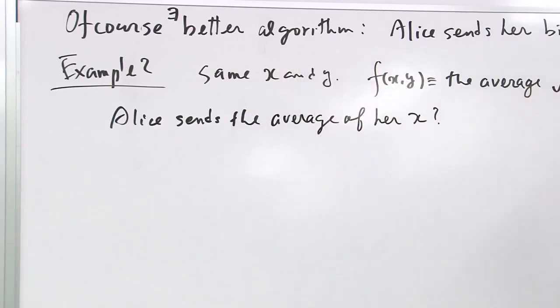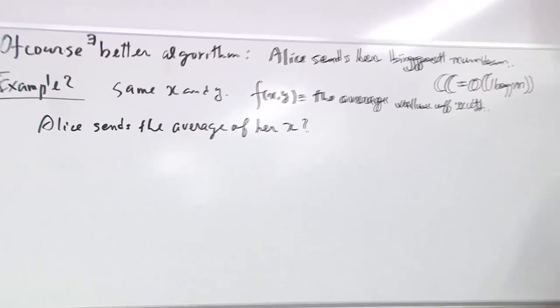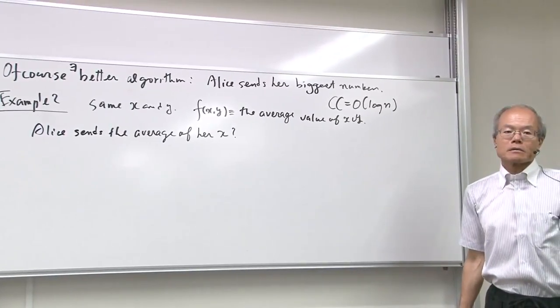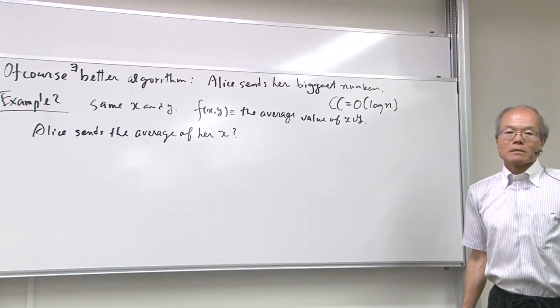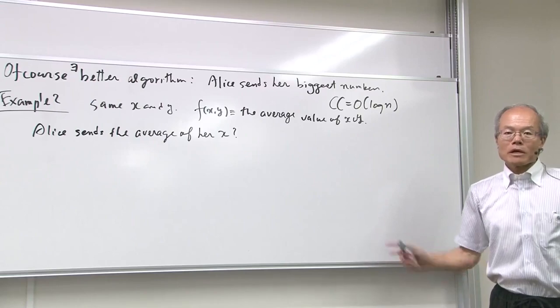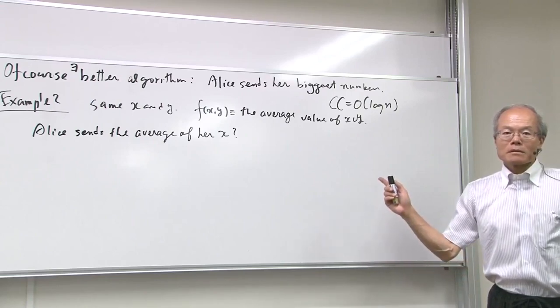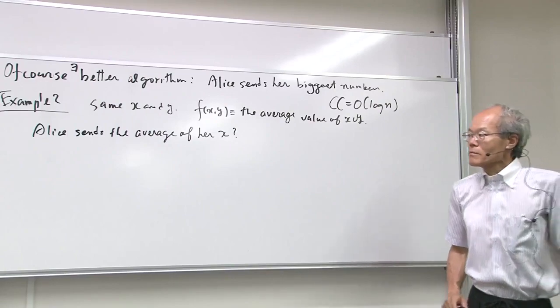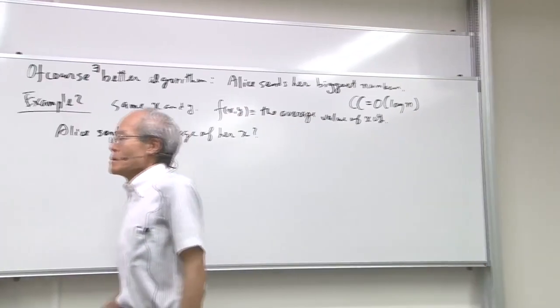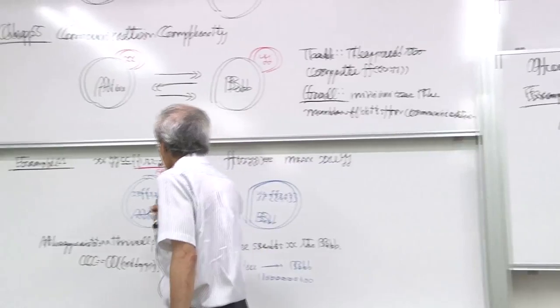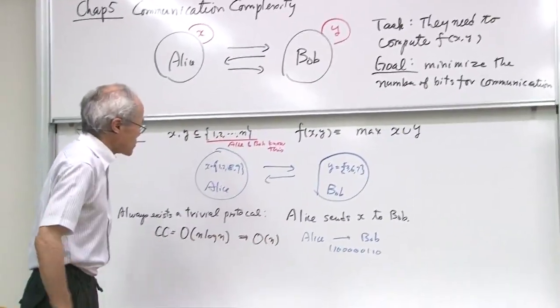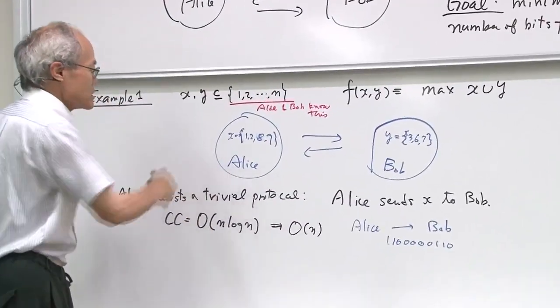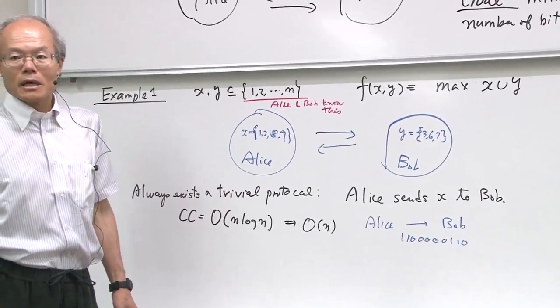So what about this? Alice just sends the average of her x. Is this enough? No, that's not correct. Because in this case, Alice's average is, I guess, 5.